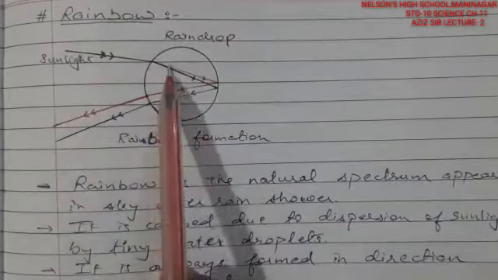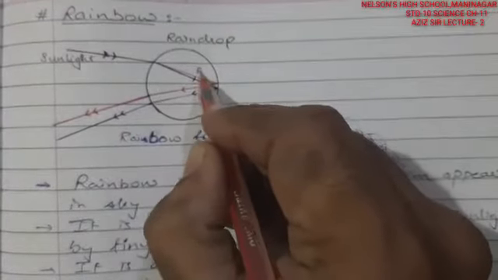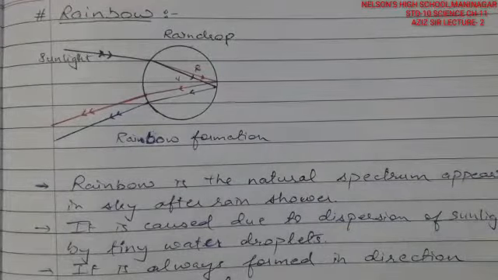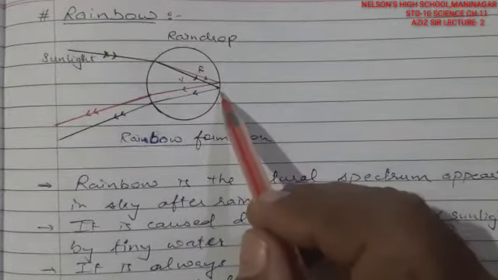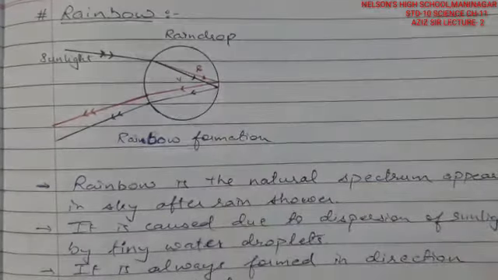The light enters inside, and you can see the red ray at the top and violet at the bottom. So from violet to red it gets dispersed as Vibgyor.